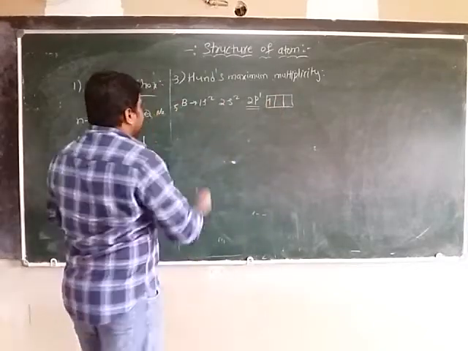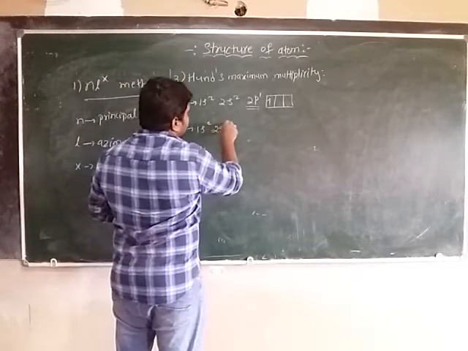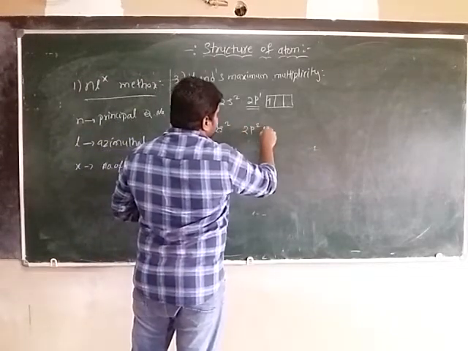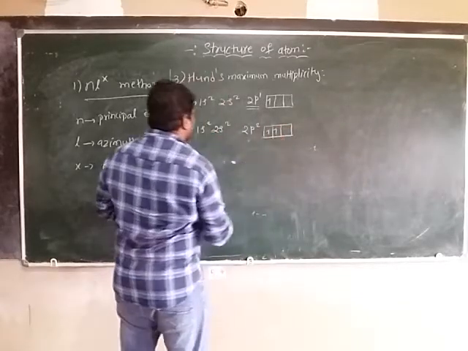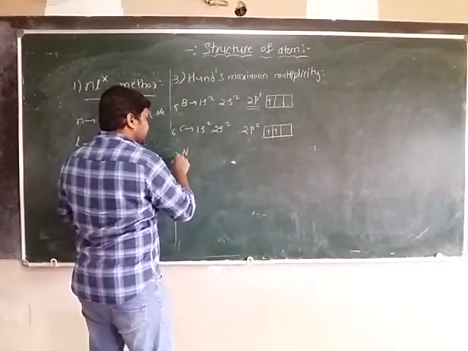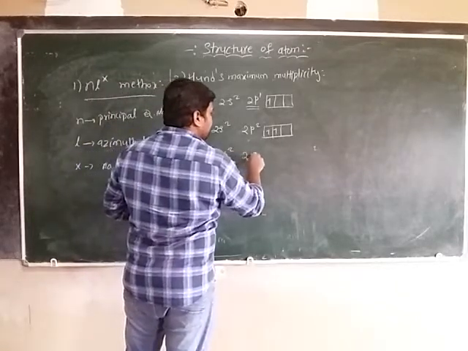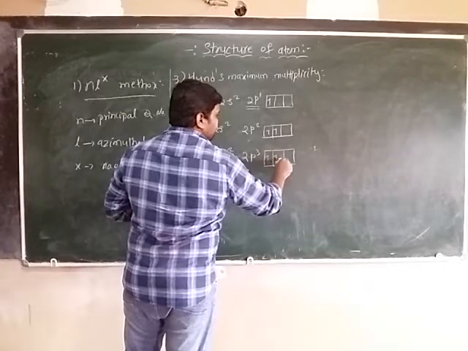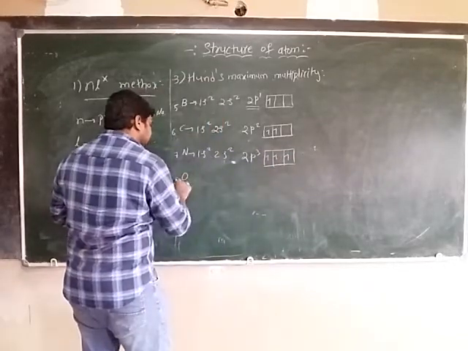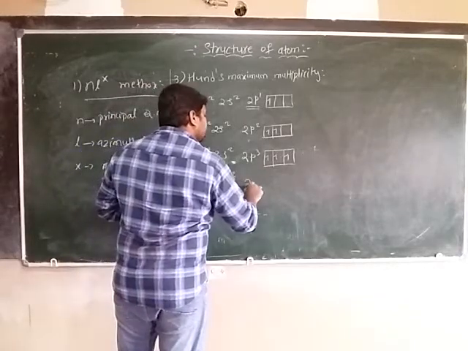Carbon C6, 1s2, 2s2, 2p2: 1 electron, 1 electron. Nitrogen 1s2, 2s2, 2p3: 1, 1, 1. Next, oxygen 8, 1s2, 2s2, 2p4.